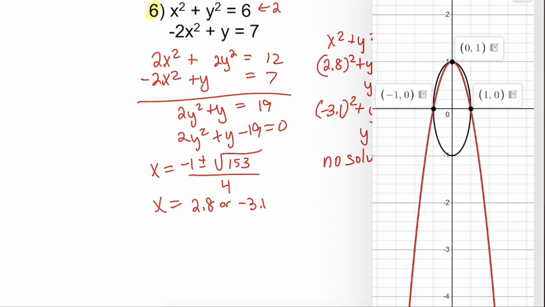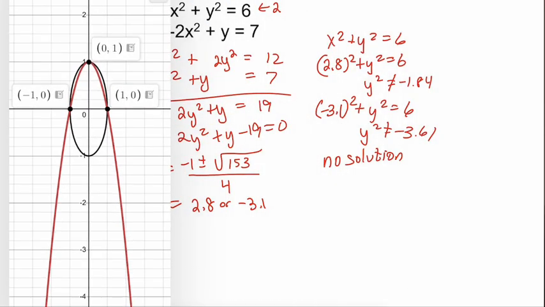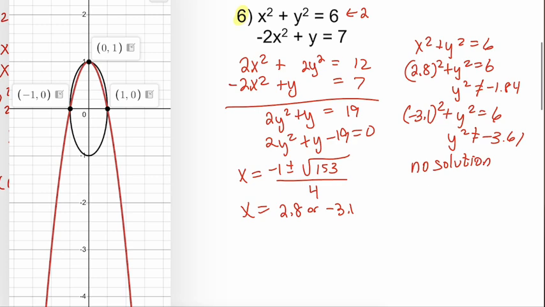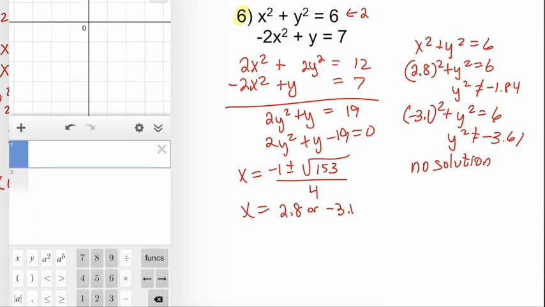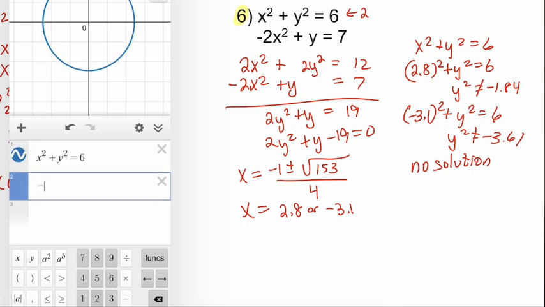So let me show you. Our circle, I believe, is just too small of a radius, and our parabola is just too high, that they just don't meet up.